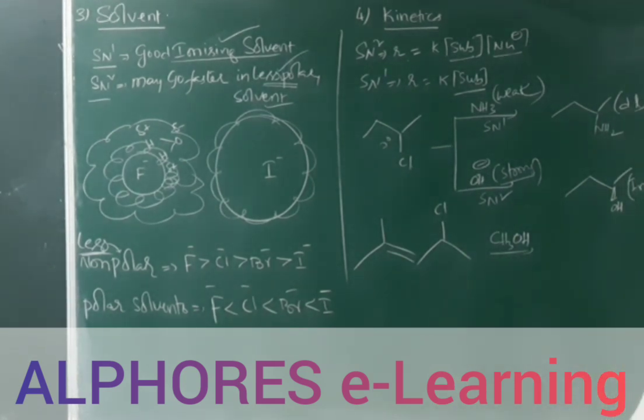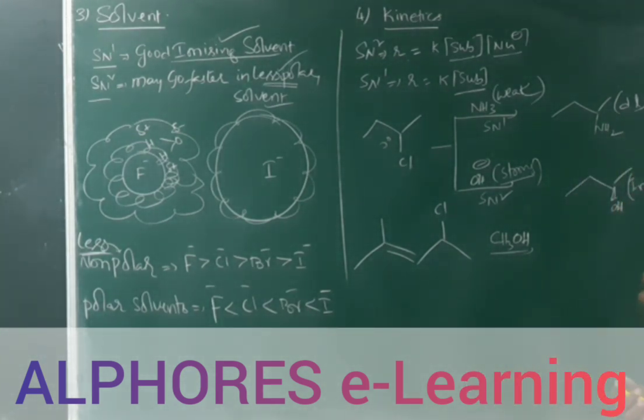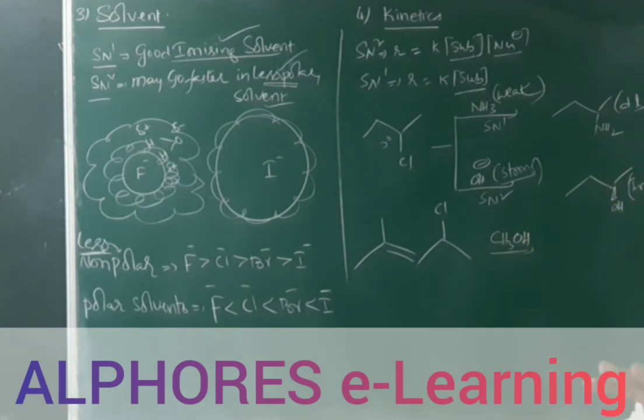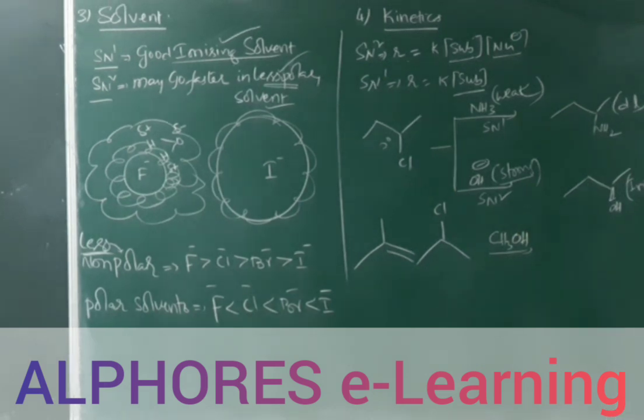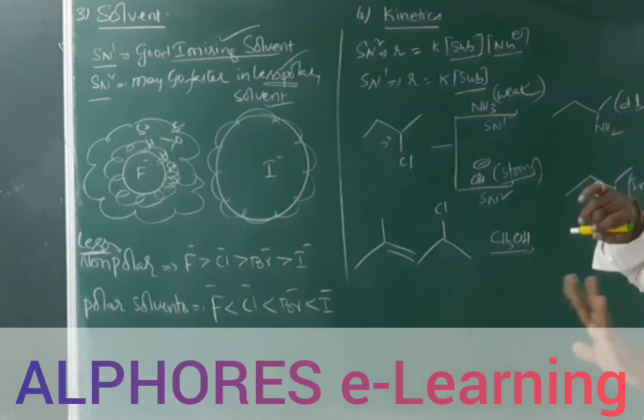By providing heat, the ring expansion or rearrangement takes place, because energy is required for bond breaking. Of course, the bond will be released later, but initially we need to provide energy. That's why we generally call that product the thermodynamic product. Here the kinetic product is as such, and the rearranged product will generally be the thermodynamic product.